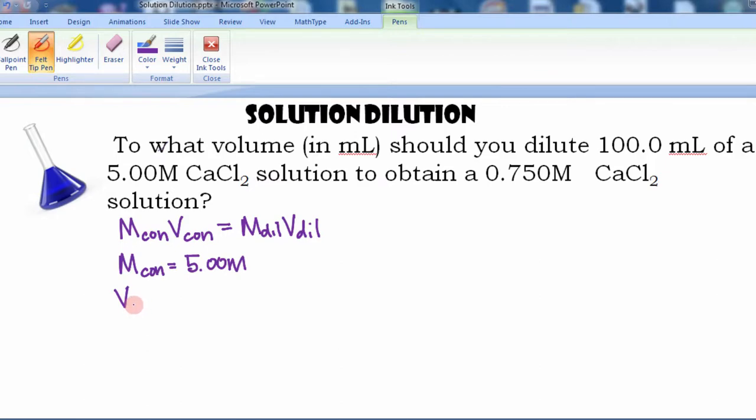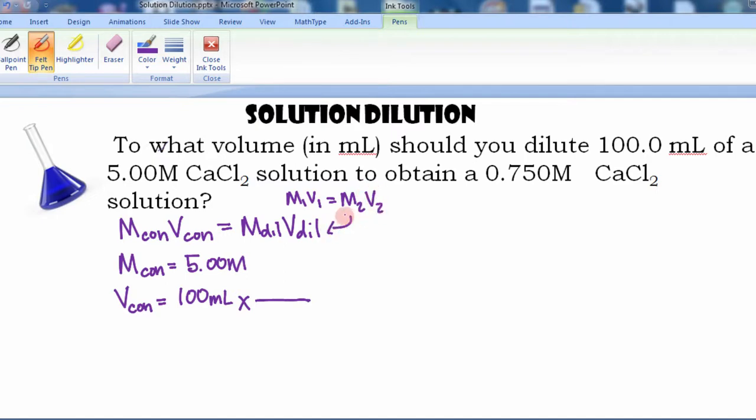So the volume of the concentrate is equal to 100 milliliters, but this milliliter must be changed to liters. To work these dilution problems, we use this formula, and this is the same as M1V1 equals M2V2.